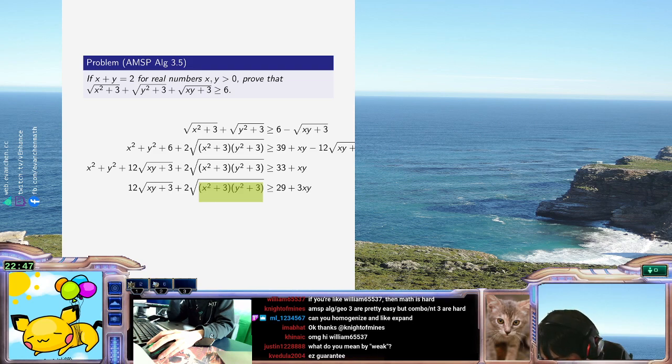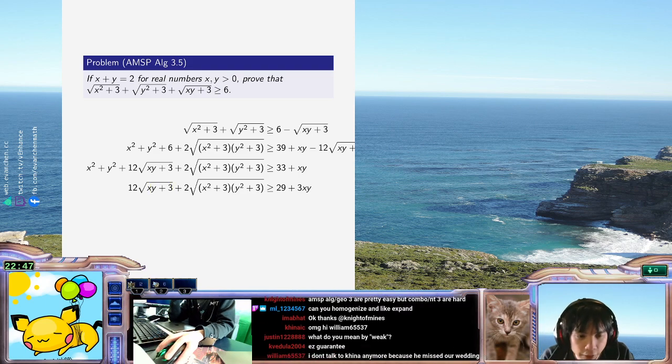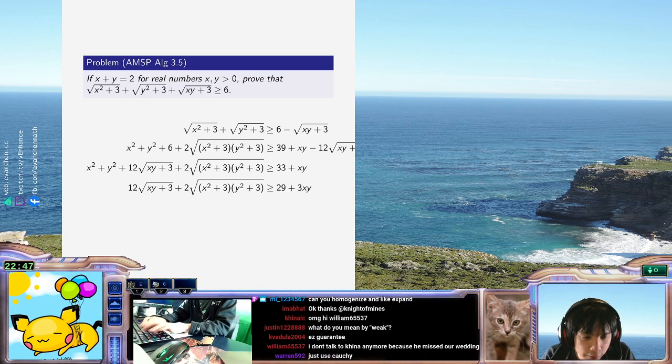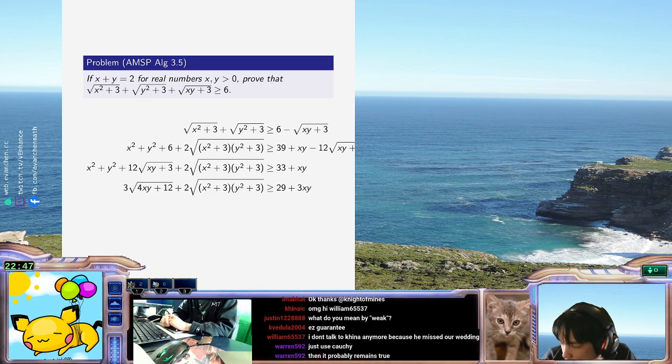Okay, so this is a lot bigger than... If I write this as 12, 4xy plus 12 on the inside, is that better? So then they're both like 16, so I can actually compare them.